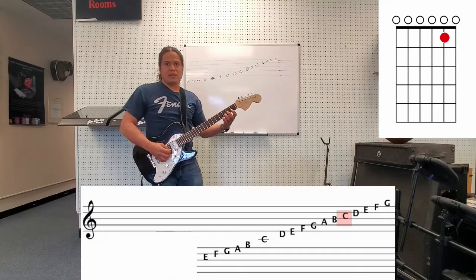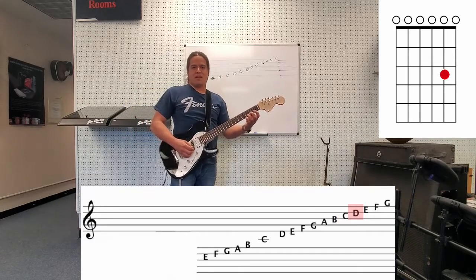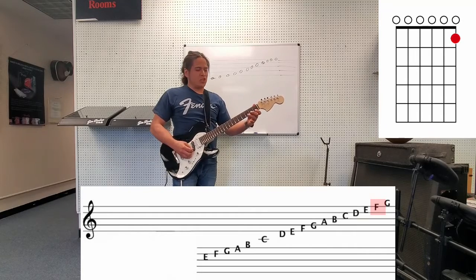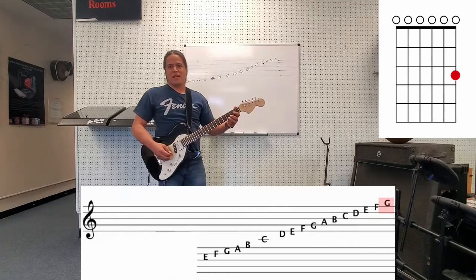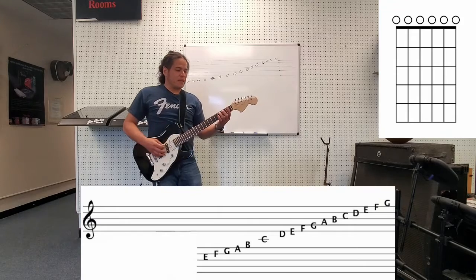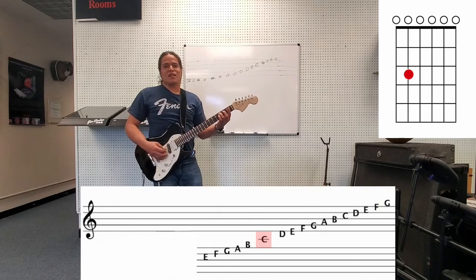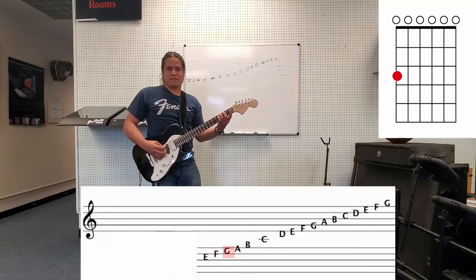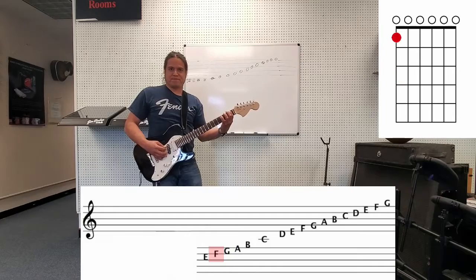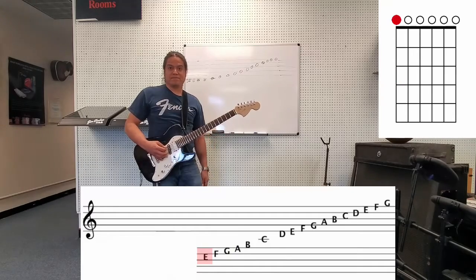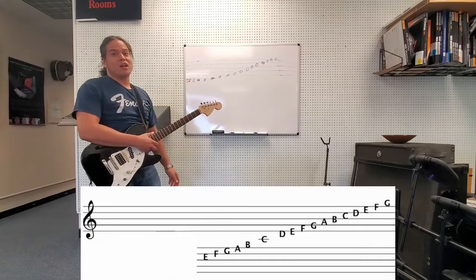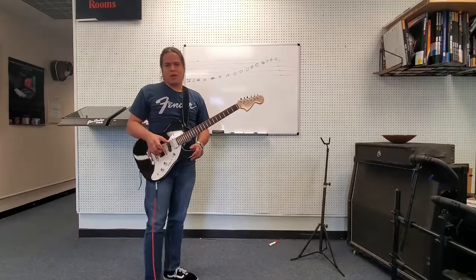Then we have D, E, F, and G. And then going below that, from that C, we have B, an A, a G, an F, and then the low E. And those are the notes that you see represented right there on the whiteboard.